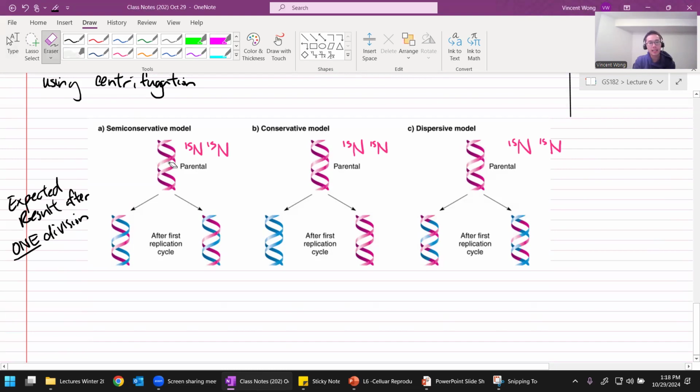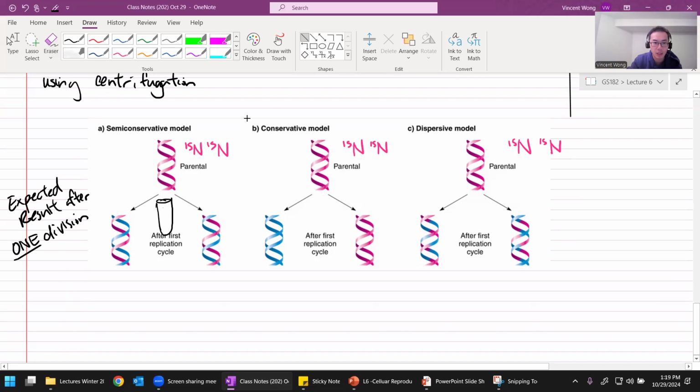Okay, so in the semi-conservative model, you separate the two strands, and then you build the new strands from it. In other words, half of the strand will be N15 from the original, and since Meselson and Stahl transferred them to N14 and then let them grow for one generation, any new material that they build in the DNA will be N14. So if you extract the DNA here and you spin it in a column, where do you expect the DNA to be?